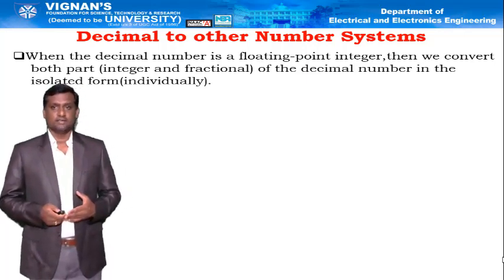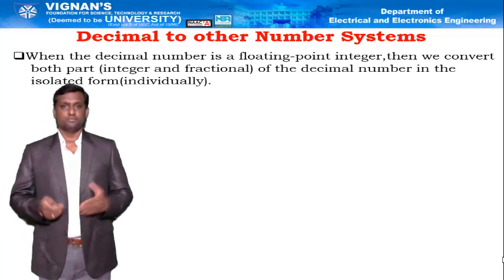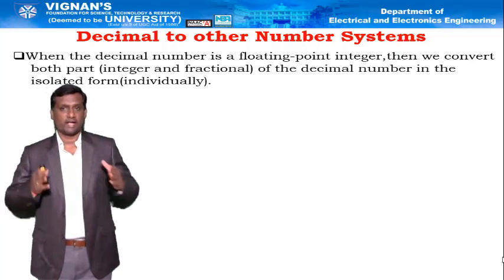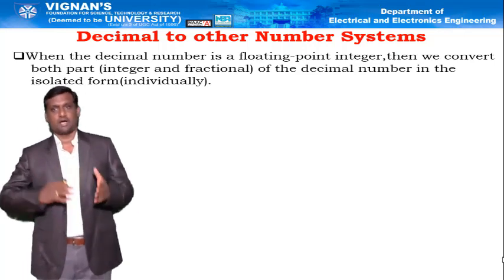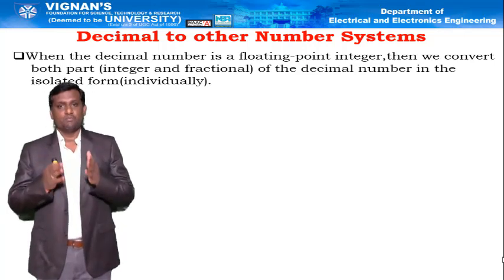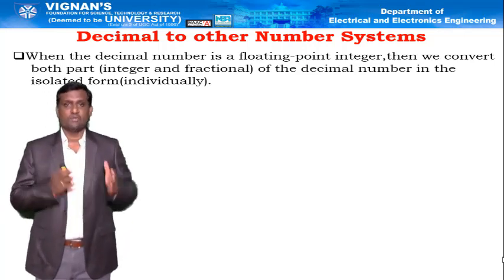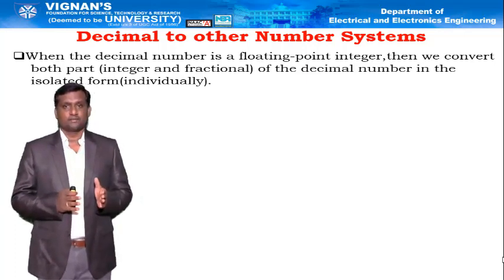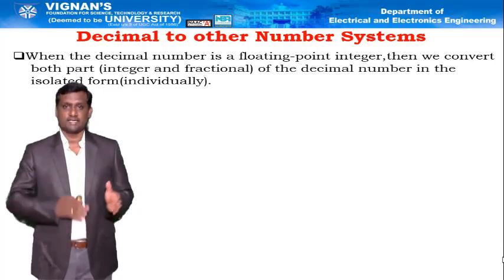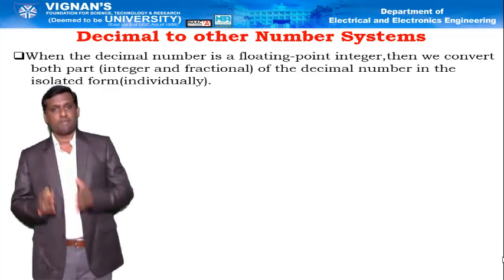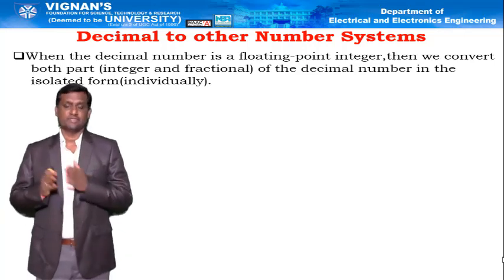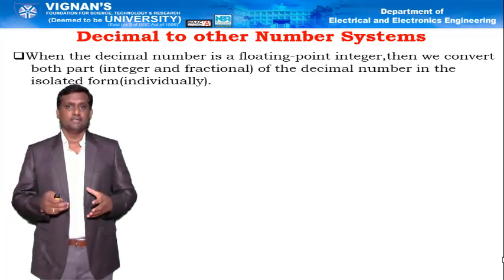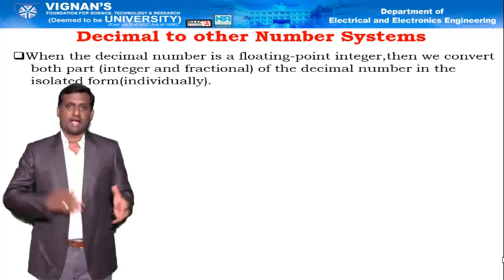That is, if the decimal number has both an integer and a fraction, in order to convert it into other number systems, we have to make the conversion individually. The integer part has to be converted first by using the systematic procedure, and next the fractional part is converted into the other number system by using the systematic procedure. By combining those two values, we will get the decimal number in the other number system.